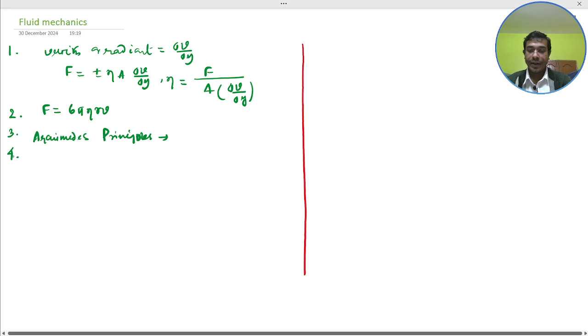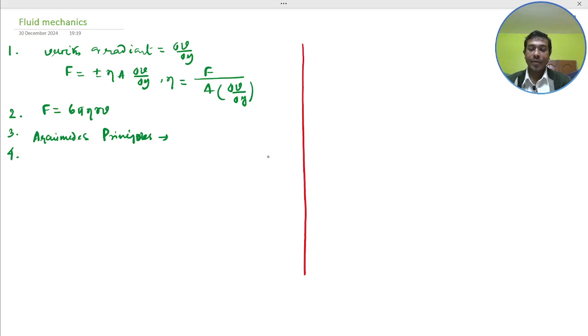Next one, the terminal velocity of a solid sphere. Suppose a sphere of density rho and radius r is freely falling in a liquid of density sigma with velocity v.